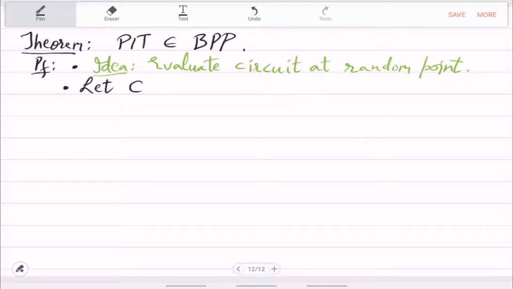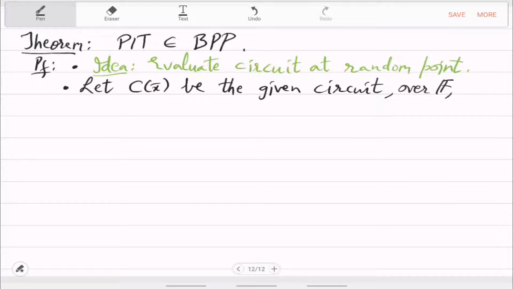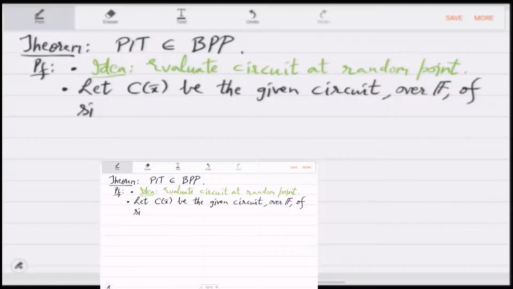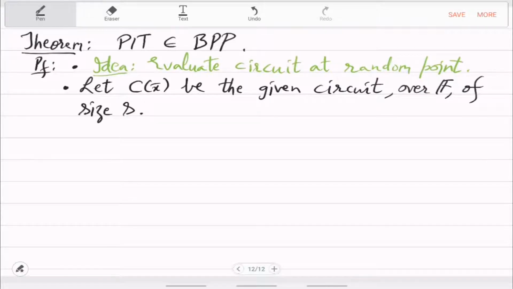So let circuit C be given over field F of size s. So it's a size s circuit. Now from the size, what can you say about the degree of this polynomial?